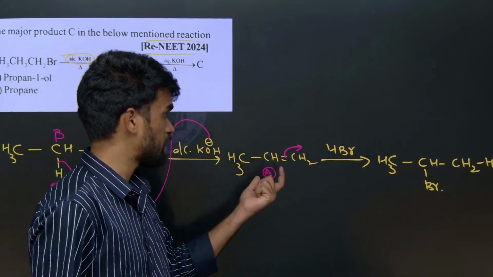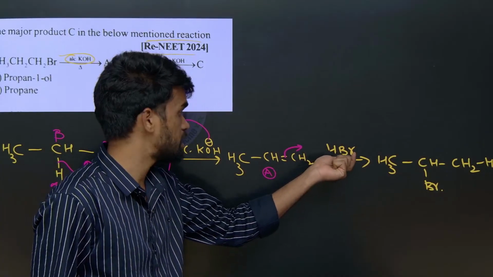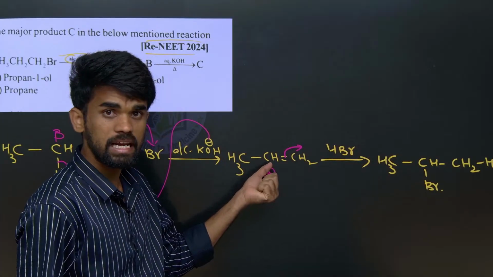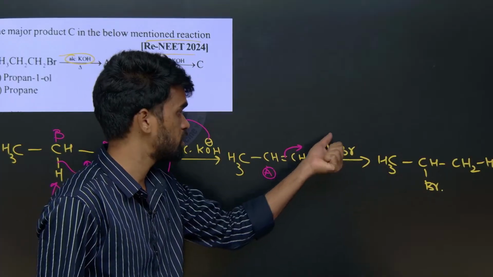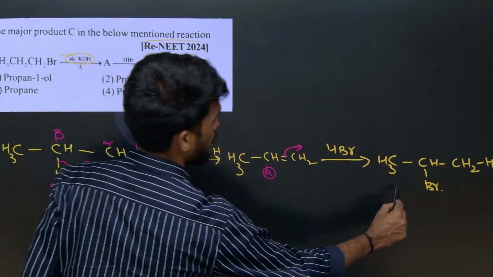When an unsymmetrical alkene is there, the negative part of the adding molecule is added to the carbon containing the least number of hydrogens. This carbon contains the least number of hydrogens, so there you add Br minus. This is the major product. So we got our B also.